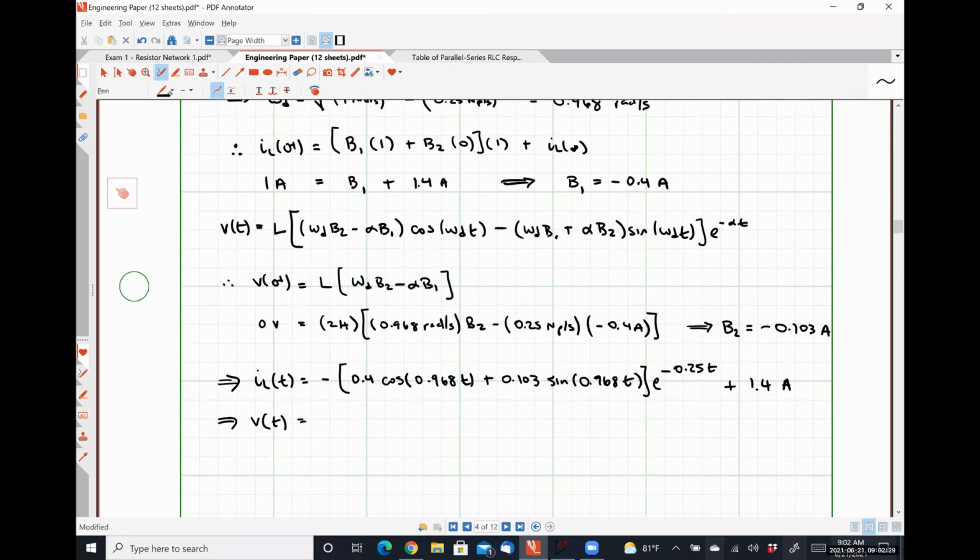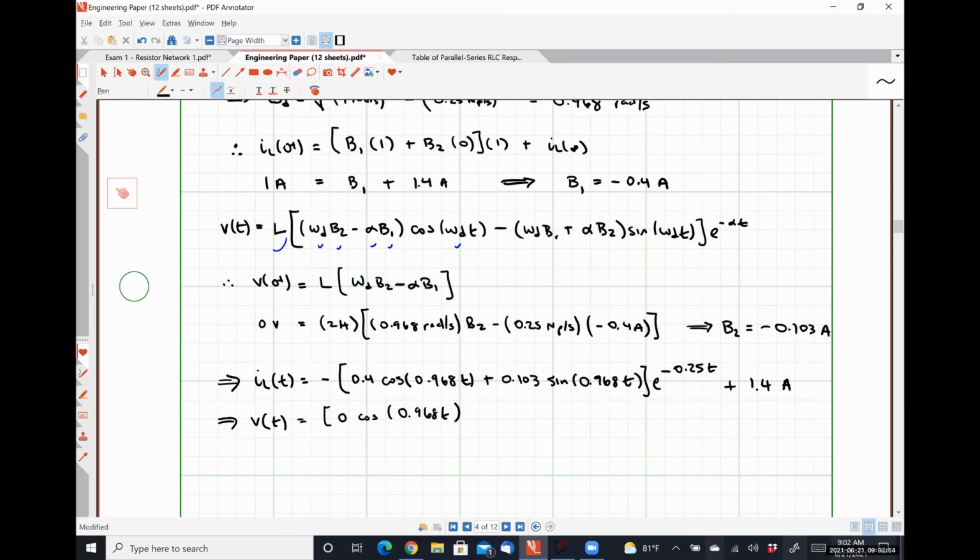Because if I look at this equation up here that I used, I know L, I know omega_d, I know B2, I know alpha, B1, etc. I know all of those different things, so now I just have to multiply those things together. What I'm going to wind up getting is 0 cosine 0.968 t.